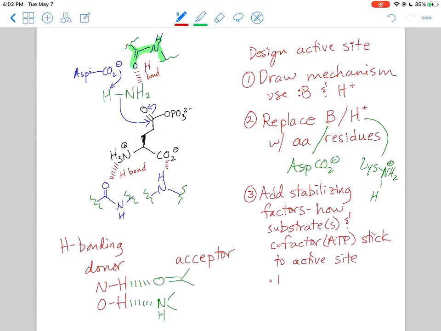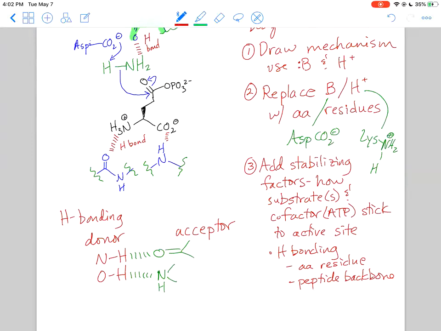Examples of these would be hydrogen bonding. This could be hydrogen bonding to an amino acid residue that's nearby. It could be to the peptide backbone.